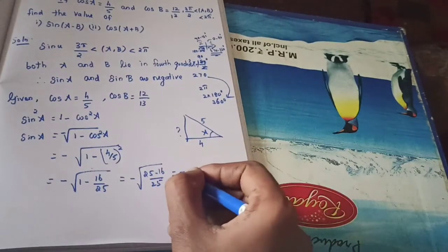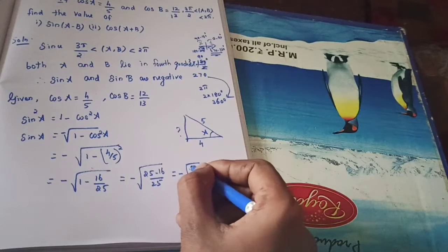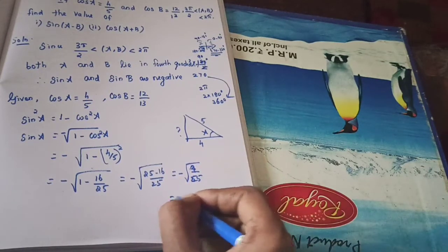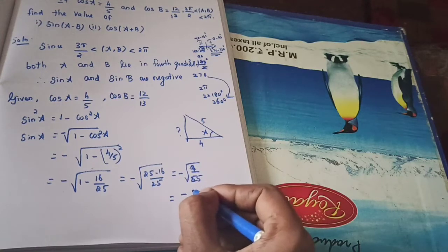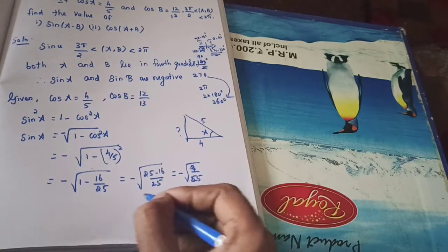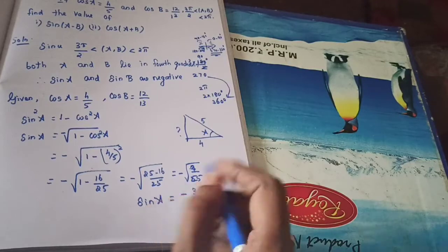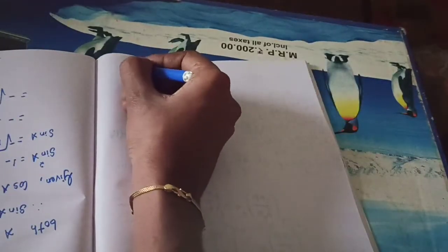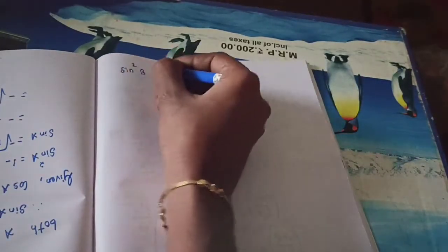So how much will you get? Minus square root of 9 by 25. Take the root outside, that will be minus 3 by 5. So this is the value for sin A. Next, we need to find sin B. Same as this, you need to find sin B. So sin square B equals, what's the formula?